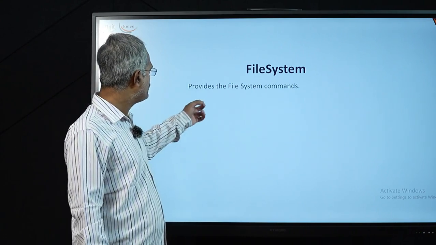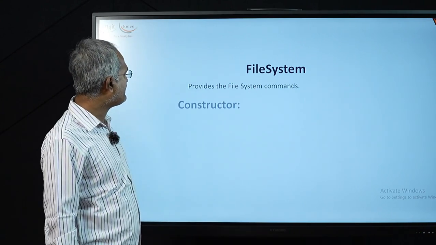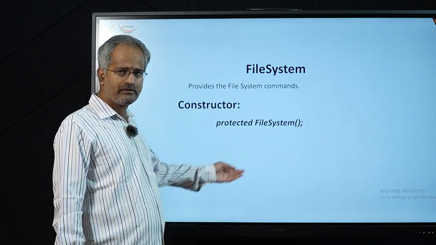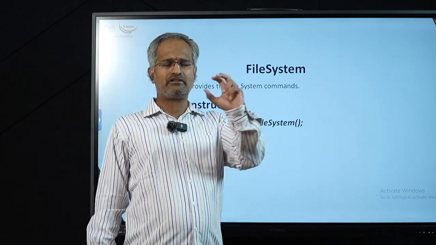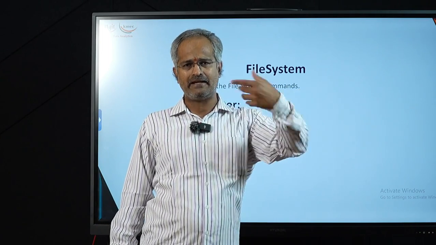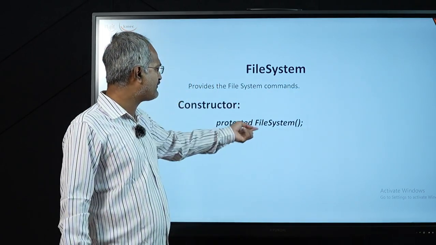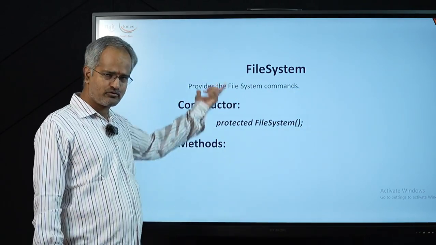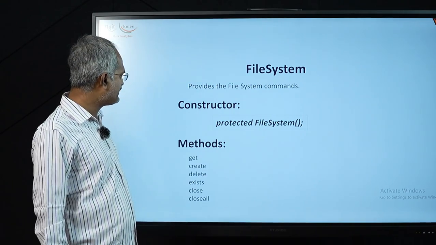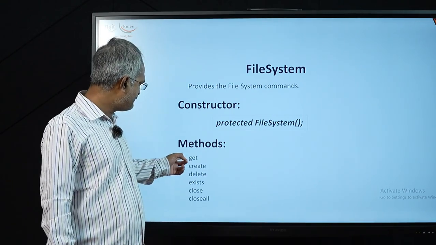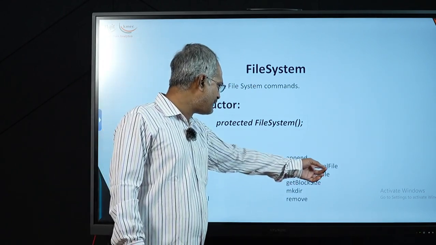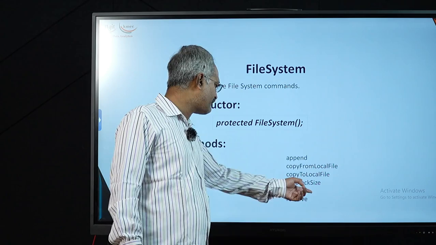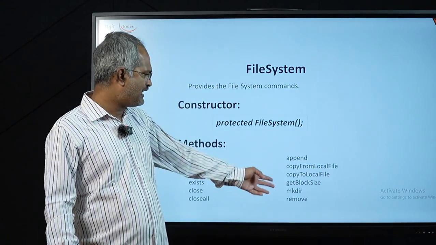We'll use them. And then the FileSystem has the constructor also. Directly we are going with the file system. If you want to interact with the file system in HDFS, we have to create one FileSystem object, as I have shown in the picture. The methods generally available are: get, create, delete, exists, close, closeAll, append, copyFromLocal, copyToLocal, getBlockSize, mkdirs, and then remove.